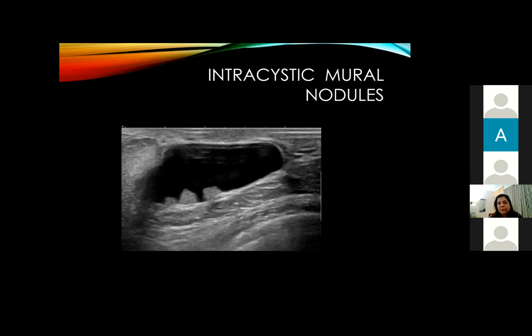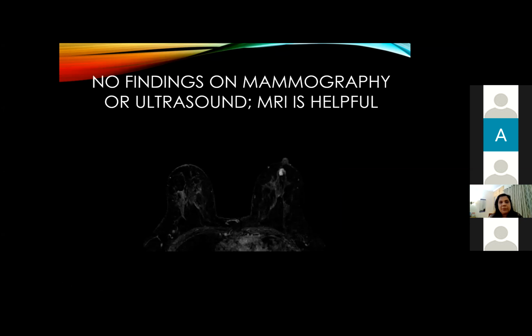Then you could have a cyst with mural nodules, and it could go on to become more complex with more solid component and more sinister-looking appearances. Sometimes you don't get findings on mammography or ultrasound, and the patient has pathological nipple discharge.